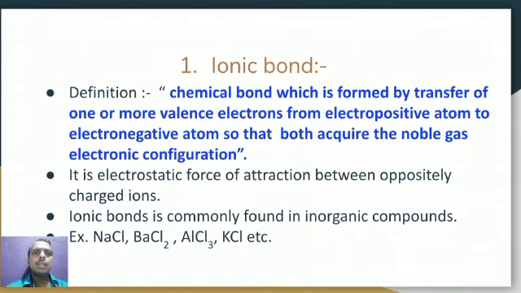The electronegative atom has a tendency to accept electron, which forms a negatively charged anion, while the electropositive metal has a tendency to donate electron, which forms a positively charged cation. And as we know, when two oppositely charged ions form, they have a strong electrostatic force of attraction. These are examples of ionic bond: sodium chloride, barium chloride, beryllium chloride, aluminum chloride, potassium chloride.